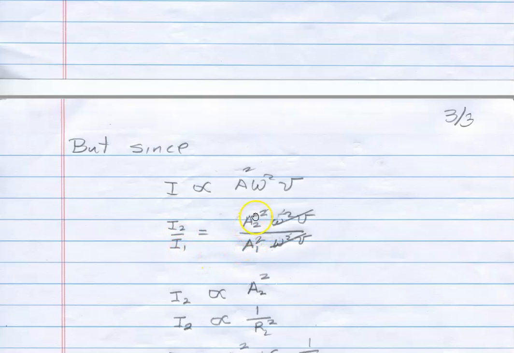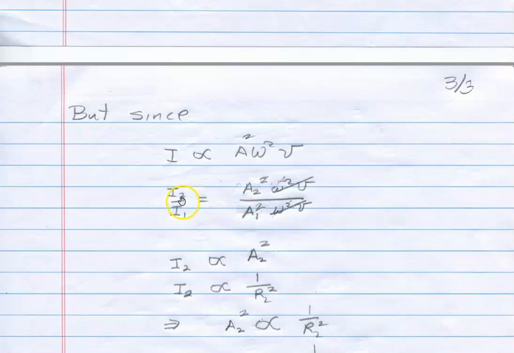That's going to be the amplitude of the wave at radius R2 to the amplitude of the wave at radius R1. And I'm assuming we've got the same frequency, same color of light, and the velocity is the velocity of light, so these go out. If you look at that, it says that the intensity at 2 is proportional to the amplitude of the wave at 2 squared. And also we found that the intensity was inversely proportional to the distance squared.